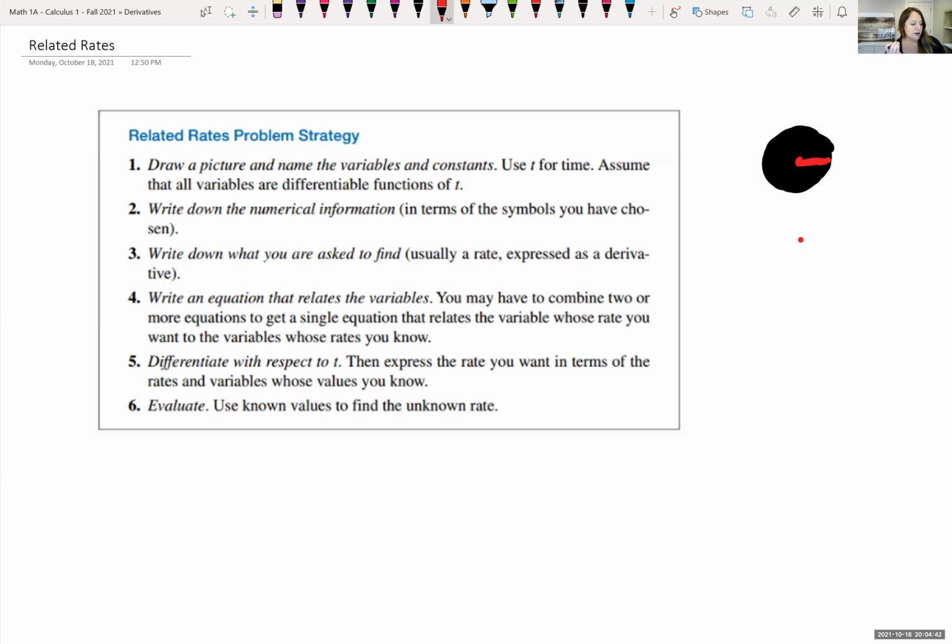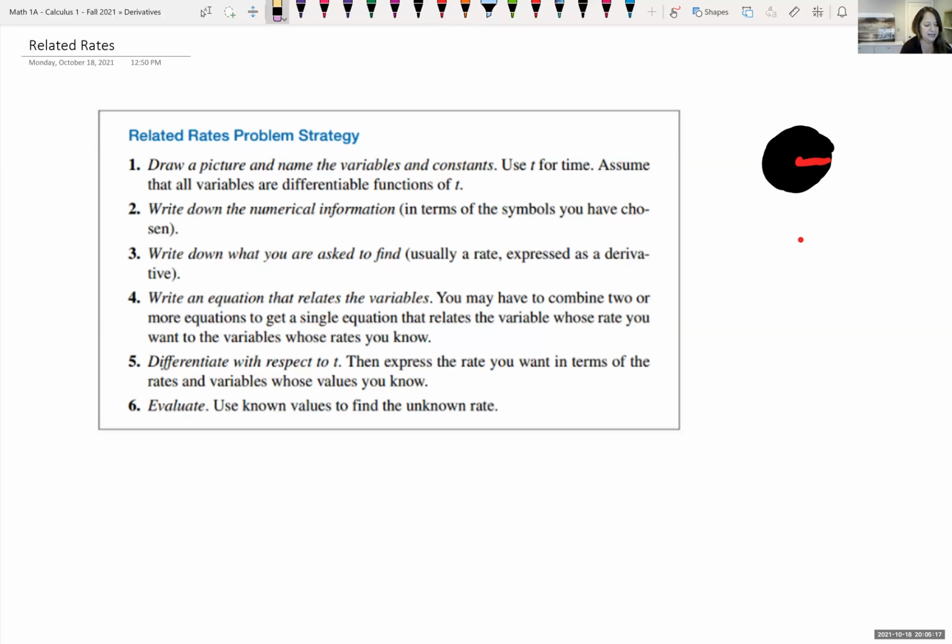The other thing to think about is that because our radius is in terms of time, we have to use implicit differentiation. The area is expanding with time, so when we take the derivative of the area piece, which is in terms of time, we're going to use implicit differentiation.